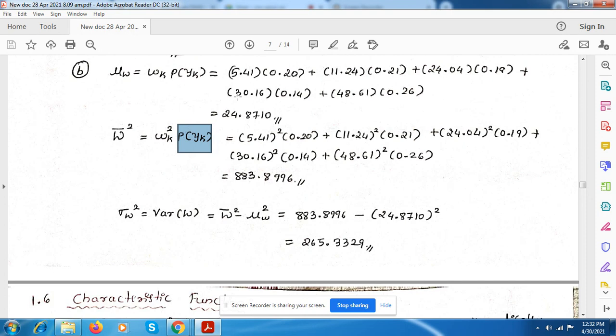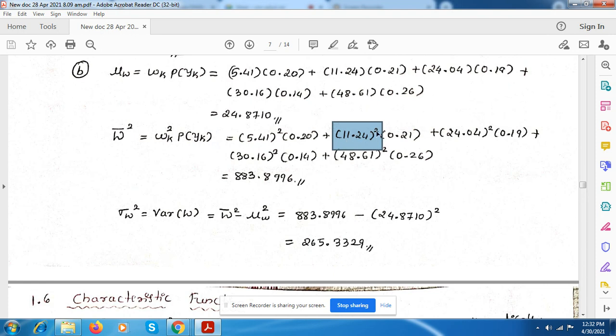So the first value here was 5.41. So 5.41 square into probability 0.21. Next value is 11.24 square into 0.21. This is the probability, and this is the random variable.